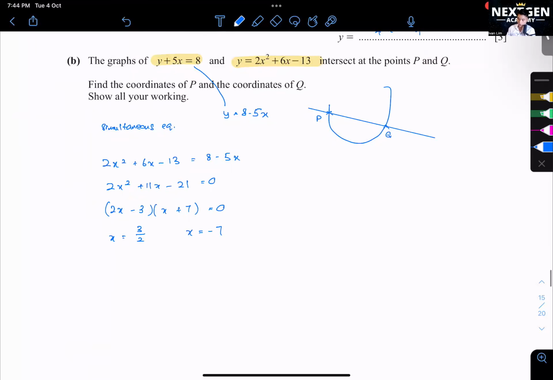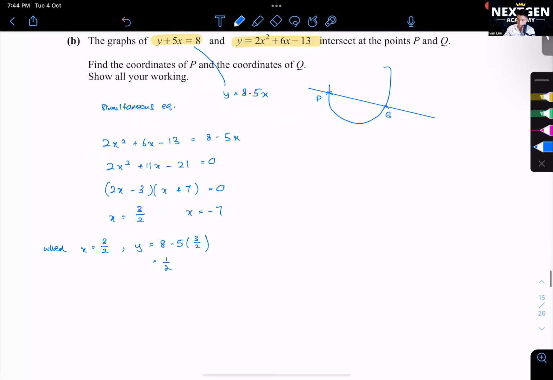Okay, so we got 2 points here. One of it is P, one of it is Q. Okay, it doesn't matter which one is P, which one is Q. So we got to calculate what's the y. So when x equals to 3 over 2, we can calculate what's the y value. y equals to 8 minus 5 times 3 over 2. Okay, you'll get 1 over 2.